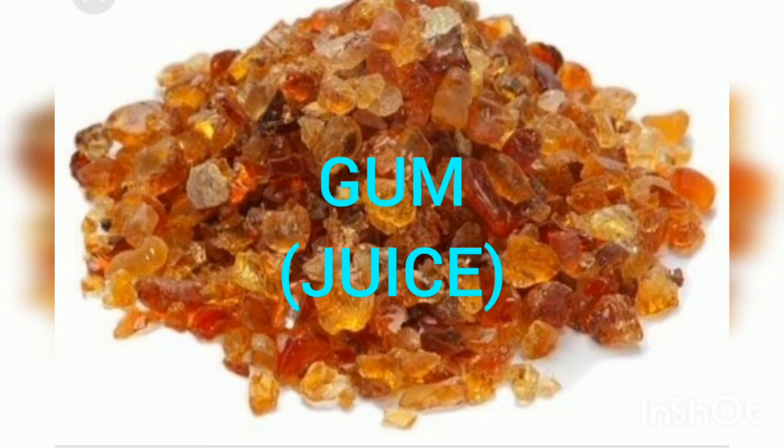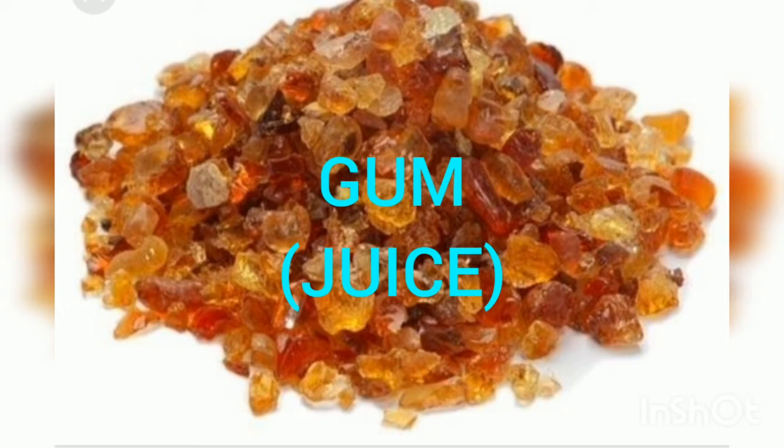We get gum from the juice of the acacia or kikar tree. For what purpose are we making gum? When we want to paste two things together, we can use this gum and paste them.